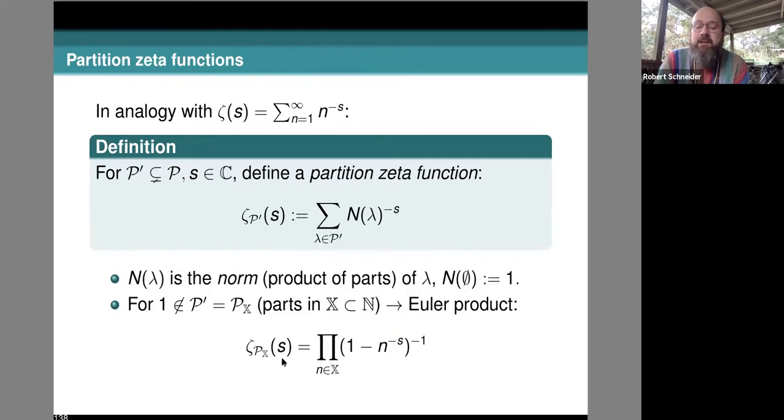Well, number one, let's look at the Euler product. If 1 is in the subset, then we have 1 minus 1 here, but it's 1 over 0. Number 2, for more general cases, let's imagine we allow all of the partitions. Well, the partition 1, 1, 1, 1, 1, and so on: there are infinitely many partitions into all ones. Each of those has the norm 1.